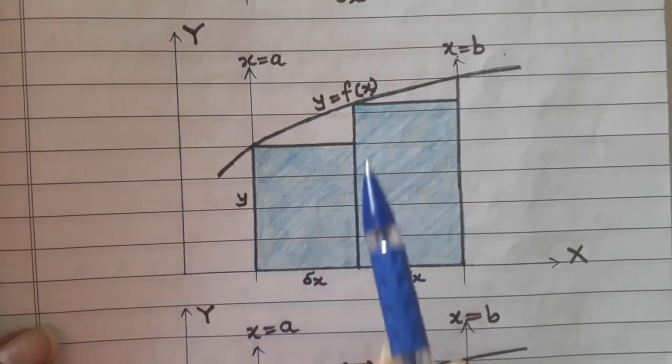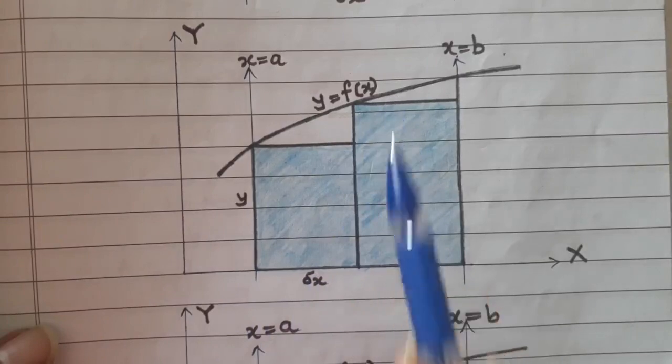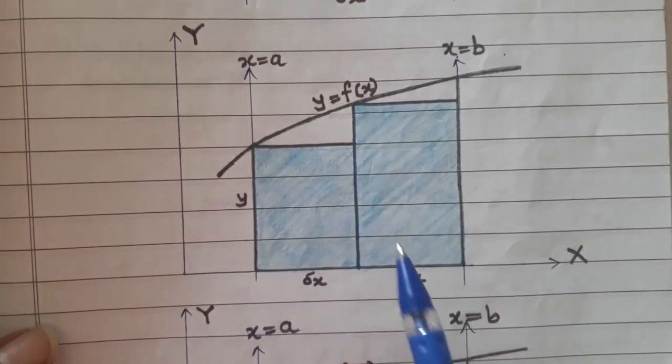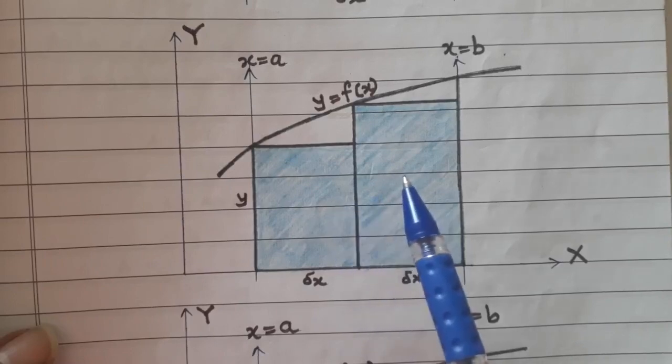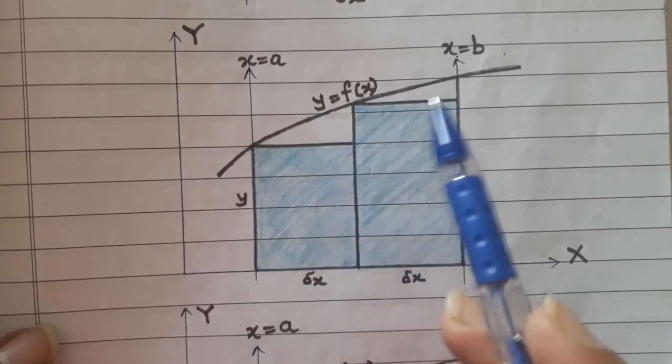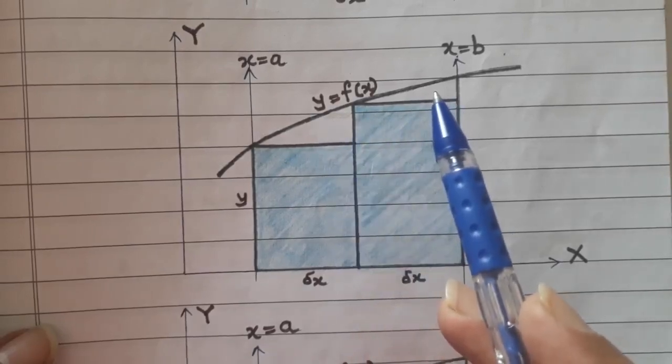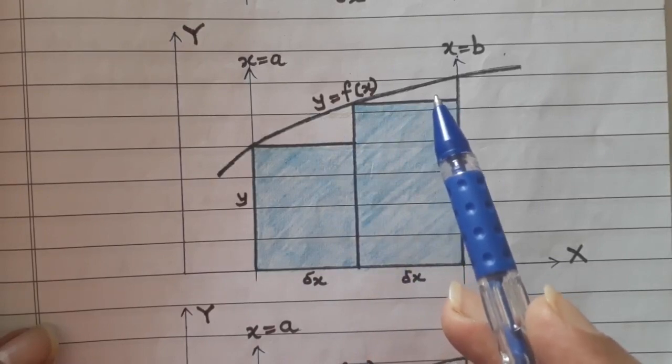At this stage this y will be different because it is a function. Still there is an error of this much plus this much, but the error is now reduced.